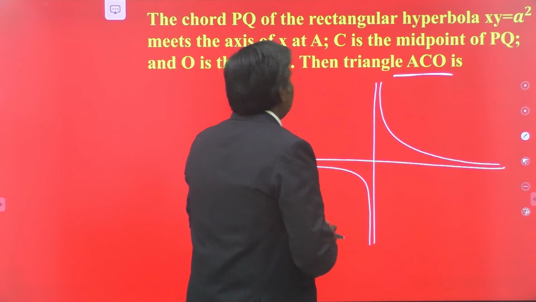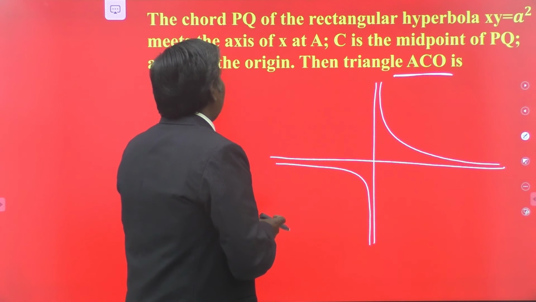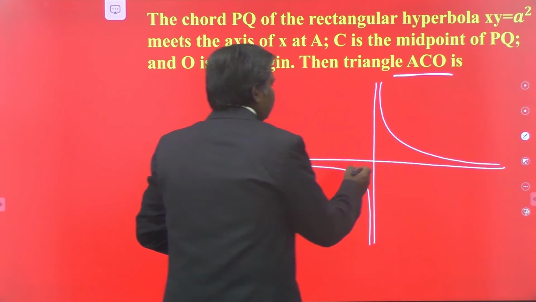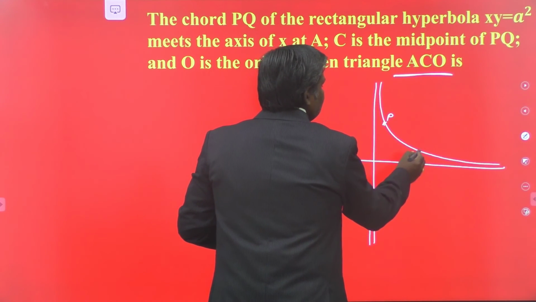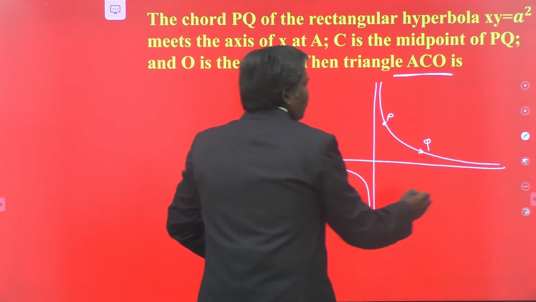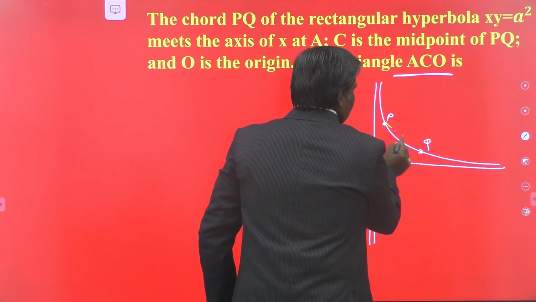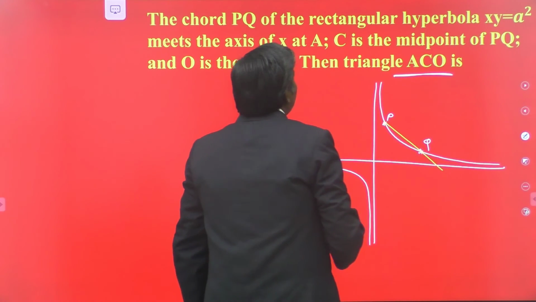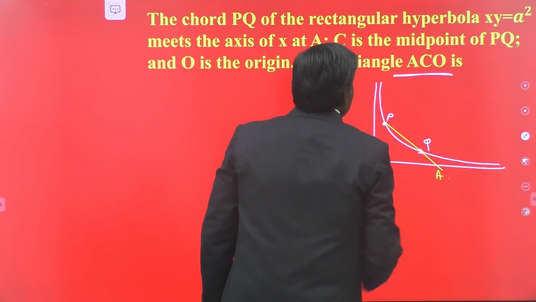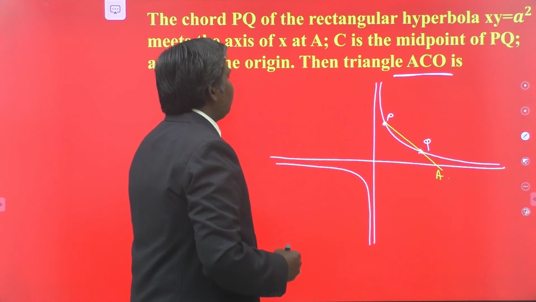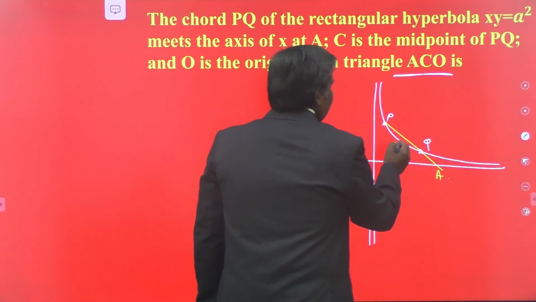Axis at A. C is the midpoint of PQ. This is P. This is Q point. I am writing the chord. This is the chord PQ, meets the axis of x at A. This is A. C is the midpoint of PQ.